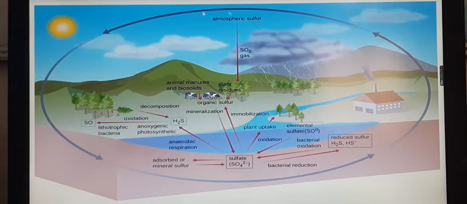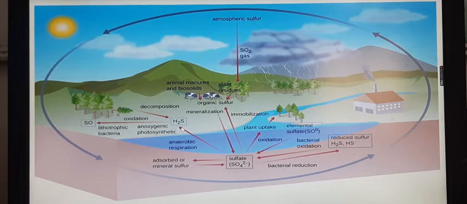So in the sulfur cycle, atmospheric sulfur is converted into sulfate. It is absorbed by plants and incorporated into the food. Then plants are eaten by animals, and it gets converted into their biomass.